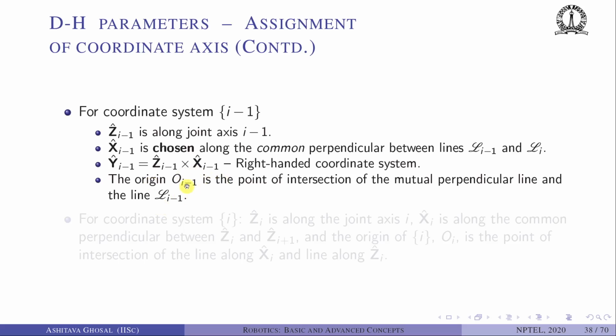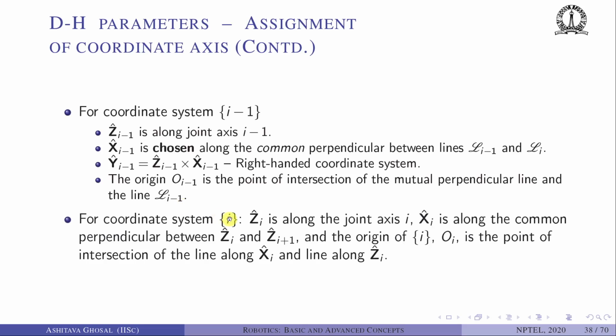So origin Oi-1 is on the joint axis along Zi-1. Likewise, for coordinate system I, Zi is along the joint axis I, Xi is along the common perpendicular between Zi and Zi+1, and the origin of I, which is Oi, is the point of intersection of the line along Xi and the line along Zi.